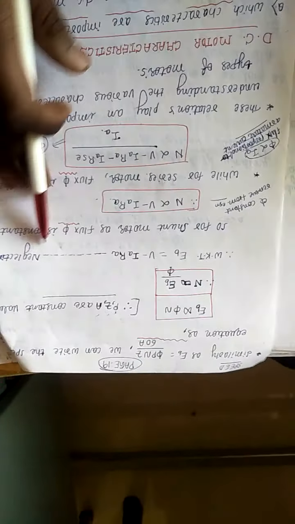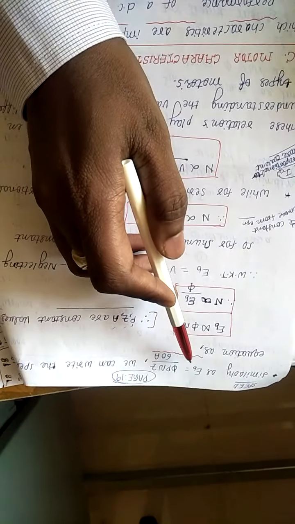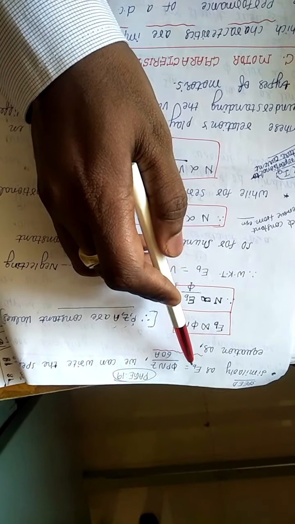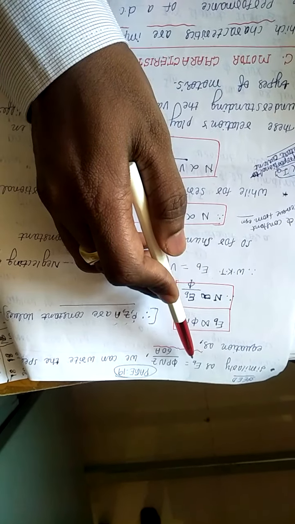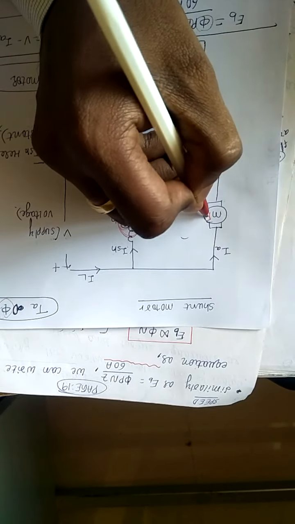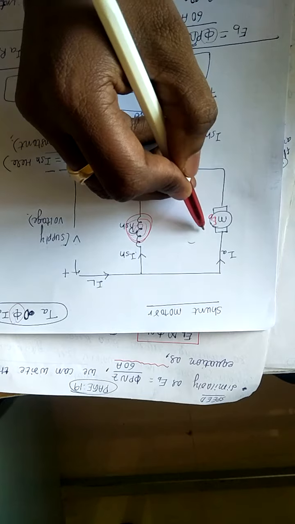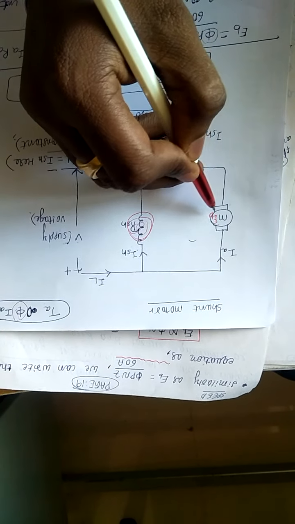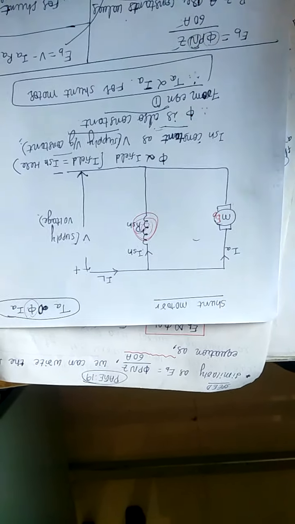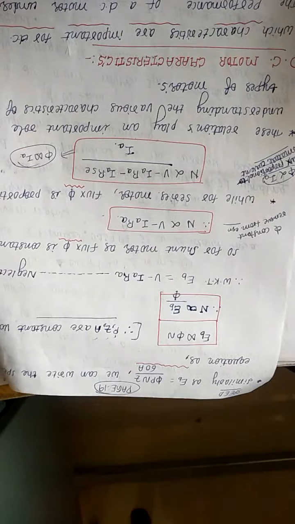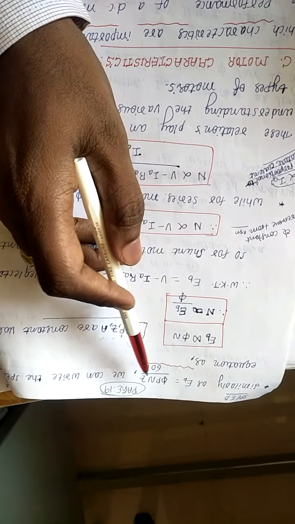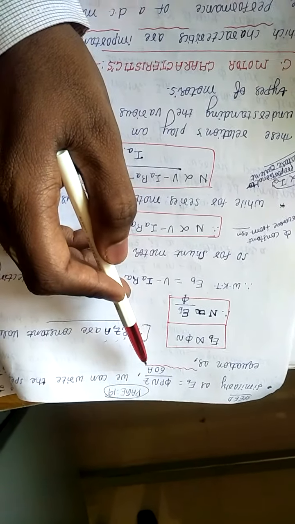Next, you have the generated EMF, that is the back EMF, in a DC motor, that is Eb. The generated electromotive force, or back EMF, in a DC motor is expressed by the equation Eb is equal to φ P Z divided by 60A.